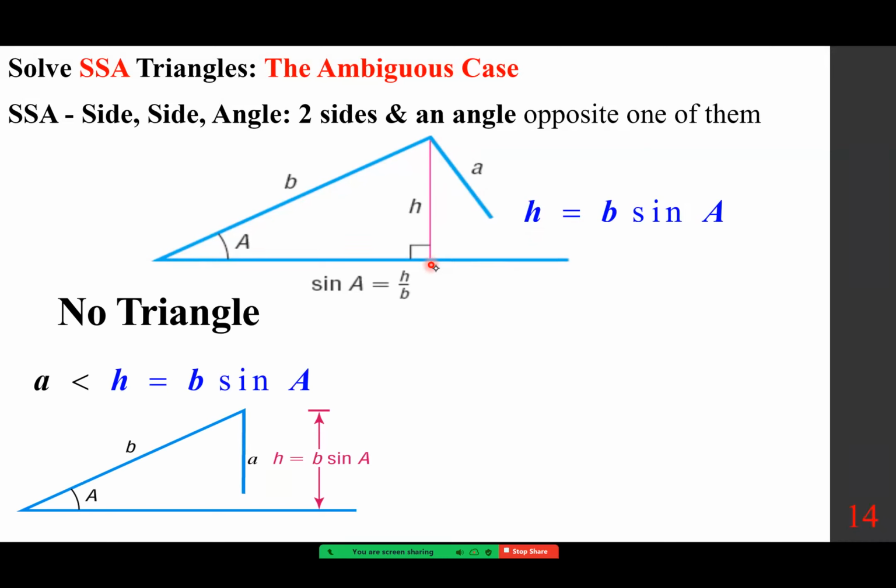Remember, the shortest distance would be a straight line. So the shortest distance is this one, right? Now, if this is shorter than the shortest distance, it can never reach this side from this vertex. In order for it to reach this side, A must be at least equal to H.